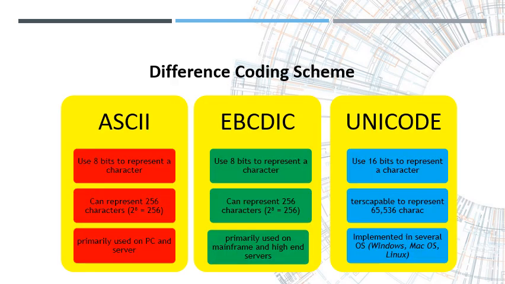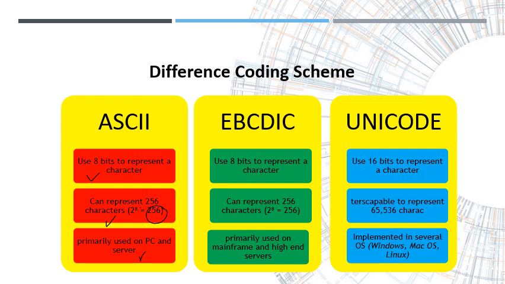For ASCII code, they use 8 bits to represent characters, which is 2 raised to power 8, or 256 characters, and it is primarily used on PC and server.